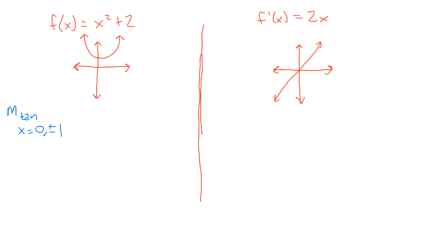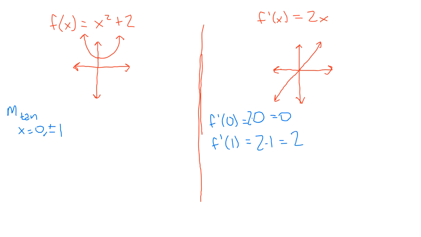So if we take f prime of 0, it's going to be 2 times 0, which is just 0. If we take f prime of 1, we're going to get 2 times 1, which is just 2.